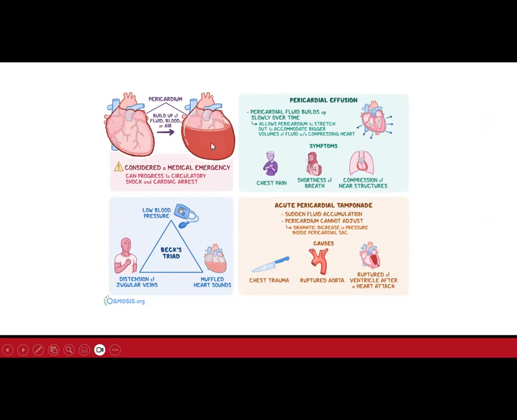So on here, we've got the sac that's filled with fluid. You'll also hear your muffled heart sounds when we get this cardiac tamponade. Pericardial effusion, pericardial fluid builds up slowly over time, allows pericardium to stretch out to accommodate bigger volumes of fluid without compressing the heart. So with them, they will get chest pain, shortness of breath, compression of the nearby structures.